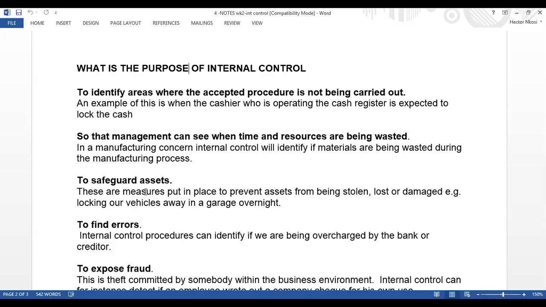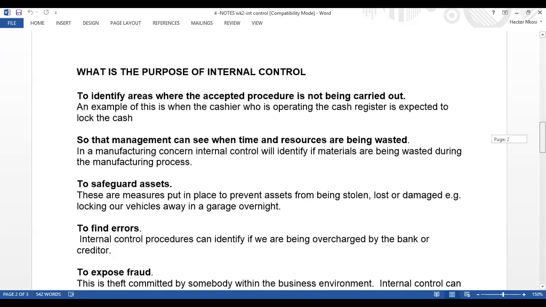That's why if there's a visitor coming to your school, they have to sign in the login book. Everything, guys. That's why there's a bell to control that, okay, now I need to go to an English class, now I need to go to an accounting class and stuff like that, right? So these are measures put in place to prevent assets from being stolen, lost or damaged, e.g., locking our vehicles away in a garage overnight, right?